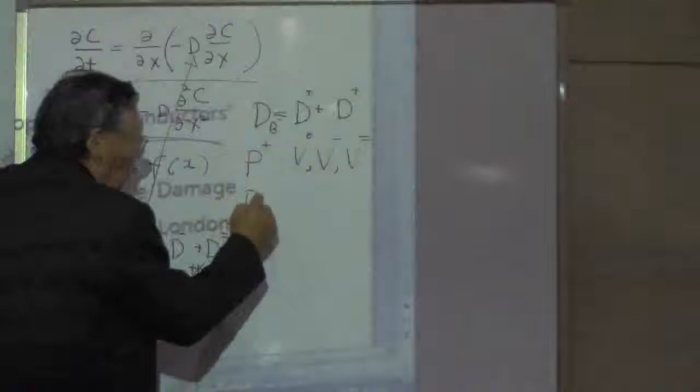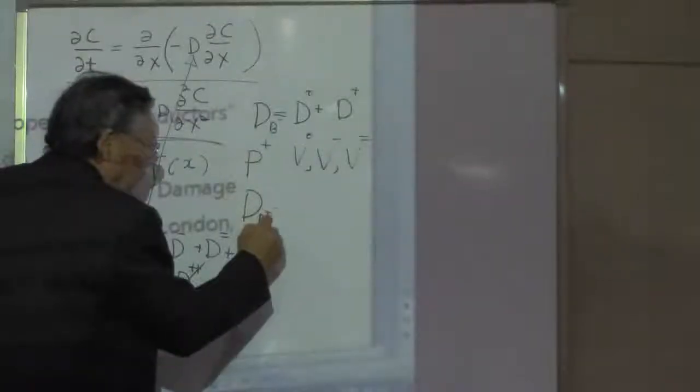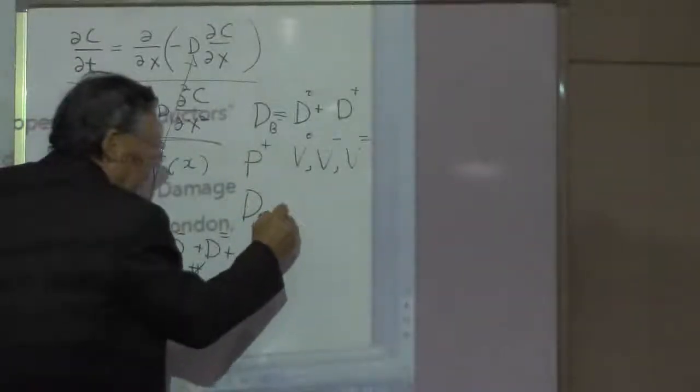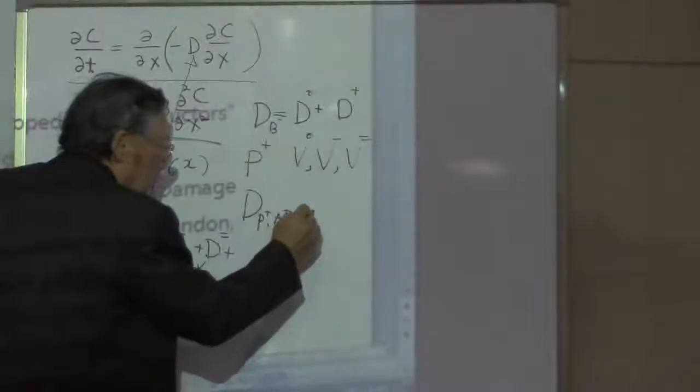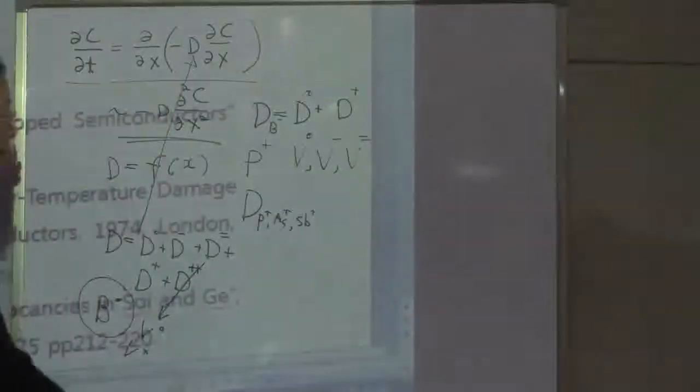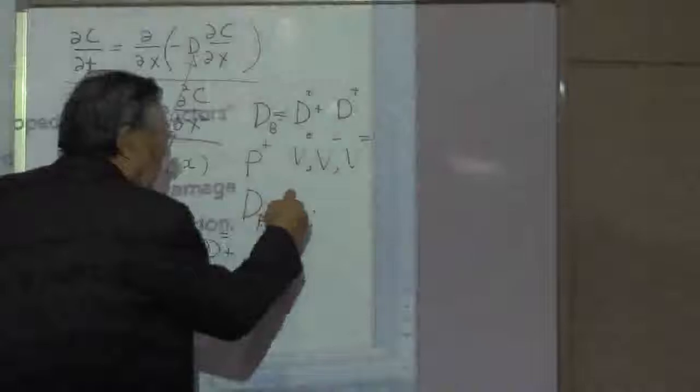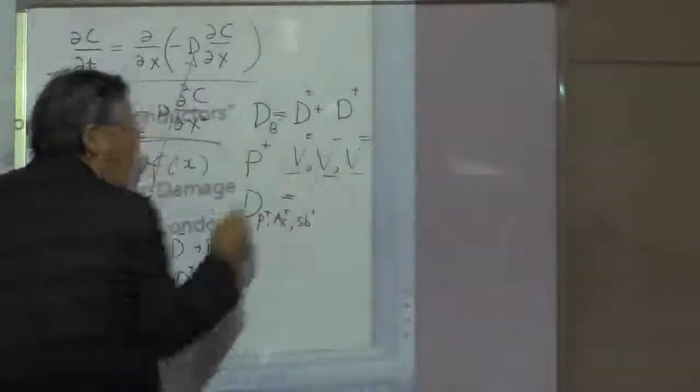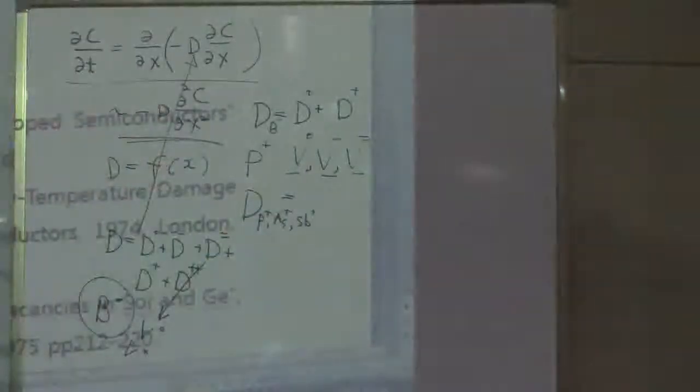So the diffusion coefficient of phosphorus and arsenic and antimony, group 5 elements, should consist of these 3 terms. So it's going to be a little bit more complicated than the boron, right?